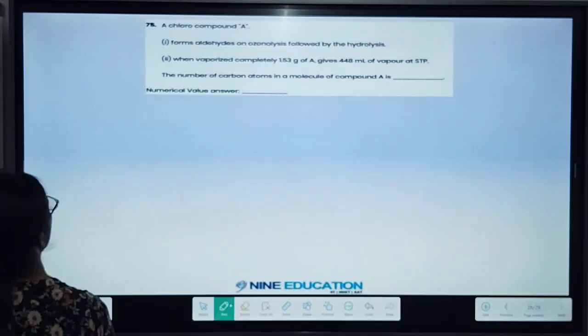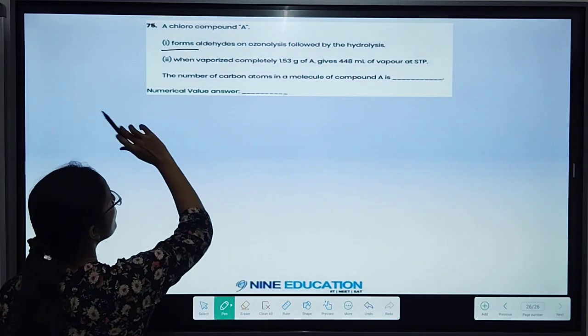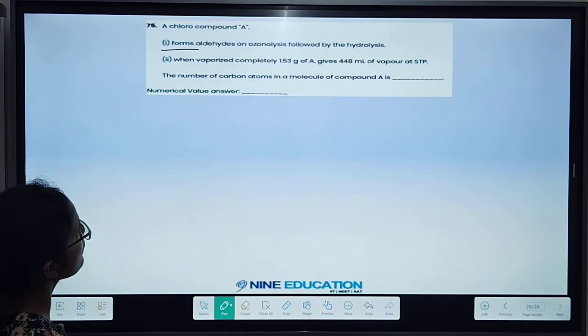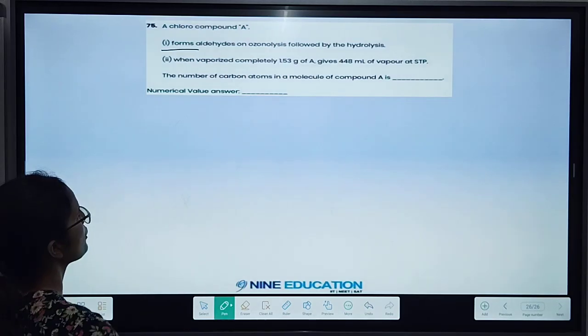Coming to the next question, question number 75, we are having a chloro compound A, for which we are having two statements given. Chloro compound A forms aldehydes on ozonolysis followed by hydrolysis. So this statement is telling us that whatever chlorine containing compound we are having, it will have some alkene, so it is giving us the ozonolysis reaction.